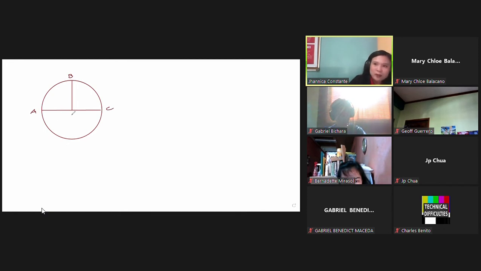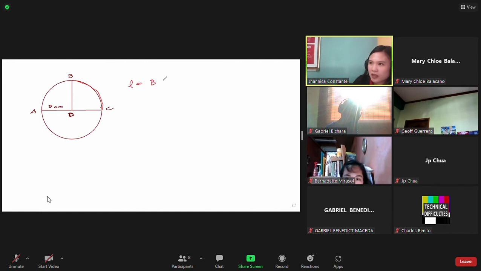So for example, this is circle D that has a radius of 5 centimeters, and we're going to find the length of the arc BC.